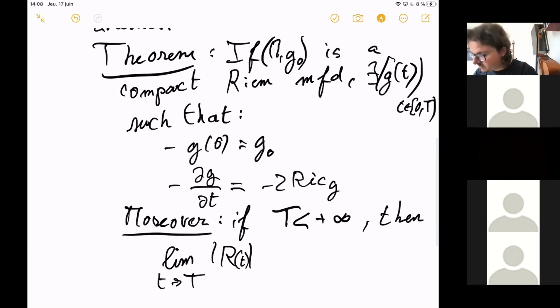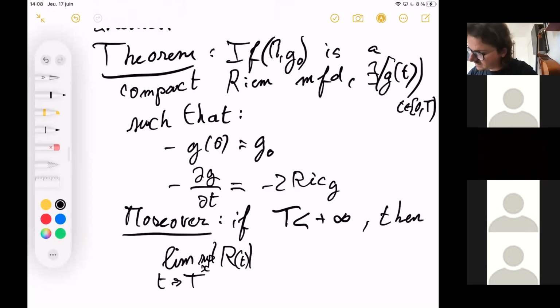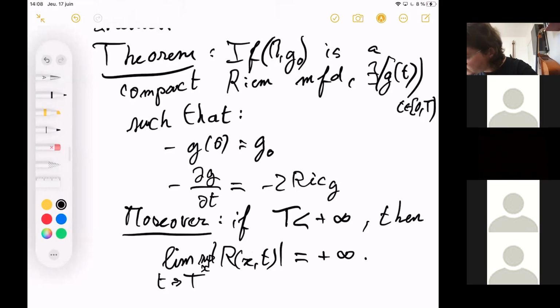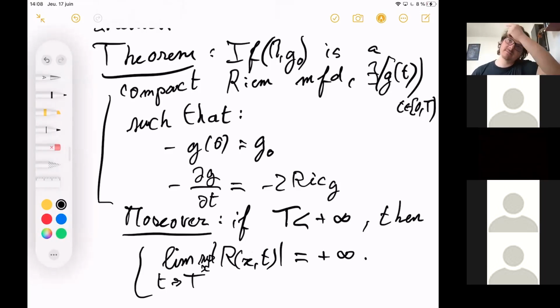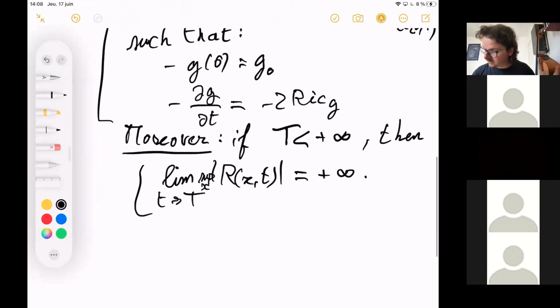So I should take a supremum in space, because we have a space and a time variable here, and need to be a little careful. If the solution is not defined for all future times, there must be points where the curvature blows up.